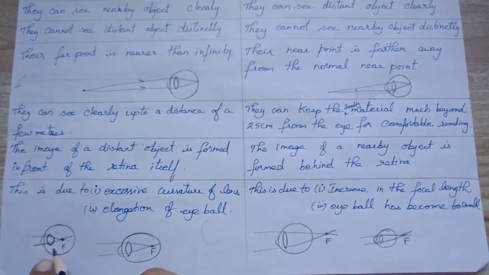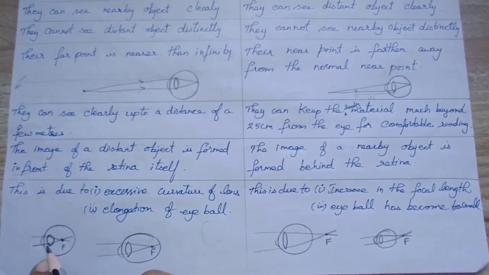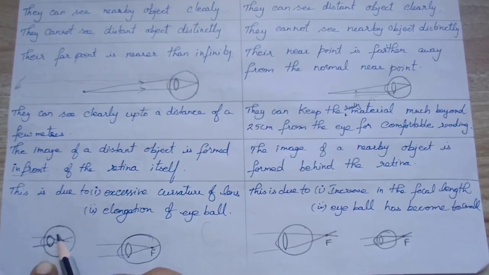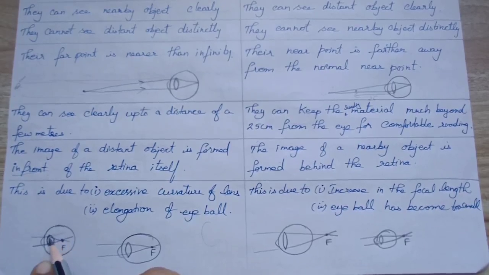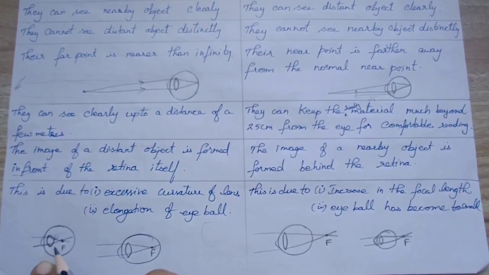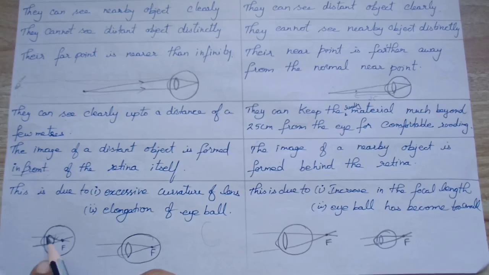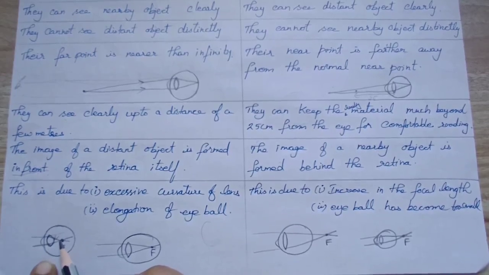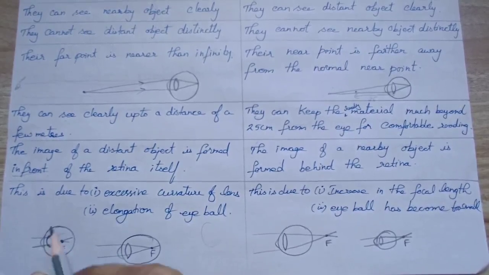If the focal length is less, your converging power will be more. So instead of slightly converging, it converges this much, and since your focal length is very short, your image will be formed here, due to the excessive curvature.